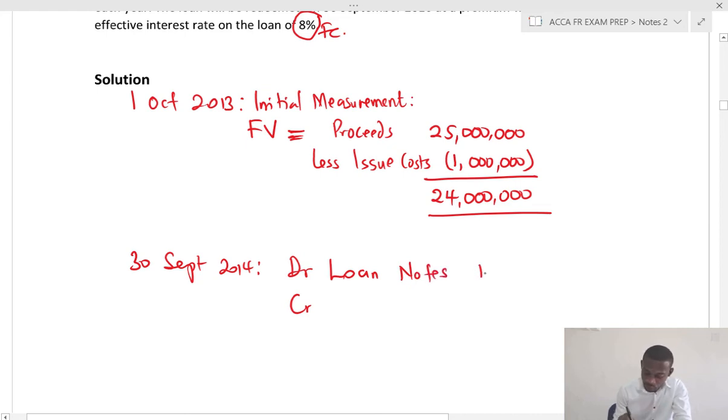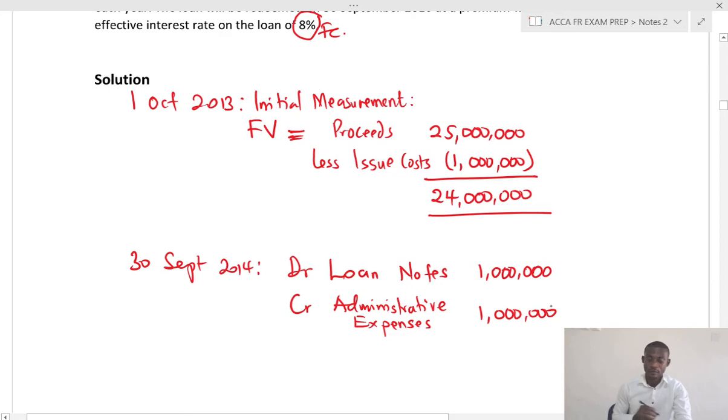So the debit will be 1 million. And we have to go to P&L and reverse this treatment. So we'll credit administrative expenses, removing 1 million from admin expenses, to reverse the error. So this is the reversal of error.